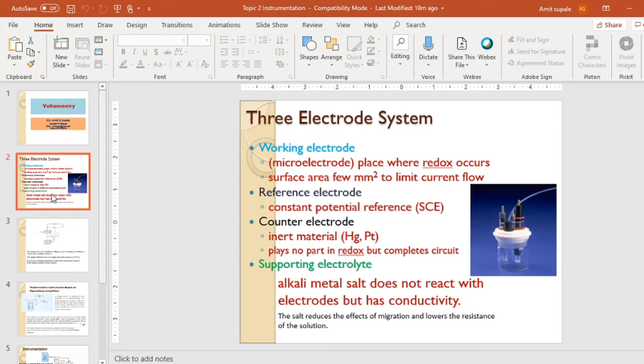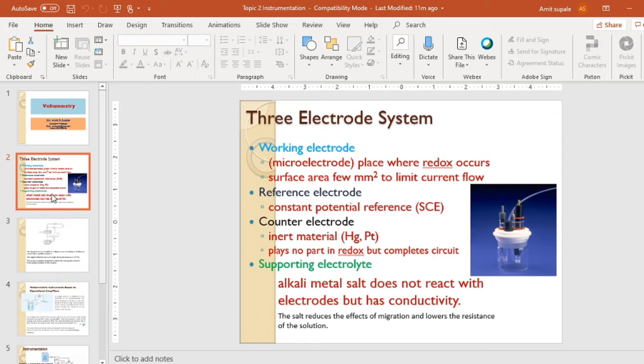The role of the counter electrode is to allow the current to pass between the working and counter electrode. A number of electrodes can be effectively used as a counter electrode, that is inert metals such as platinum, or a pool of mercury. It does not take part in the redox reaction, but it completes the circuit.